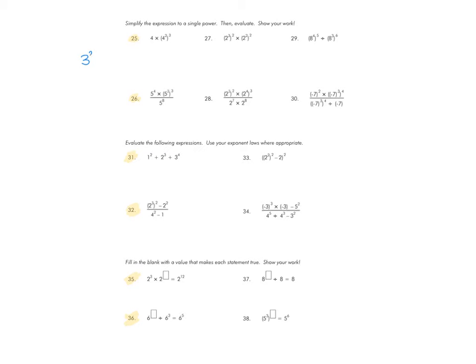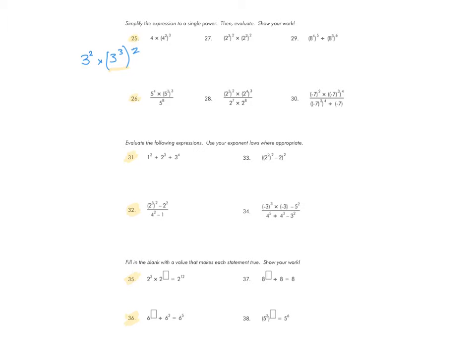3 squared times 3 cubed, all to the power 2. So in that case, what we would do is look at this first.